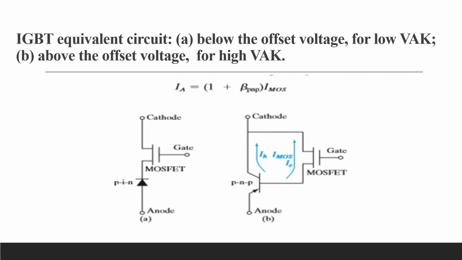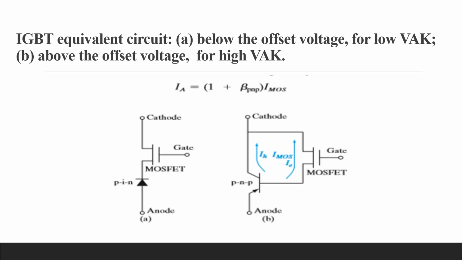In this region, not all the injected carriers recombine in the near intrinsic lightly doped N region, which is called the base. This current, which is essentially the DMOSFET current, I MOS, acts as the base current of the vertical PNP BJT formed between the P plus substrate anode, the lightly doped base, and the P channel of the DMOS.